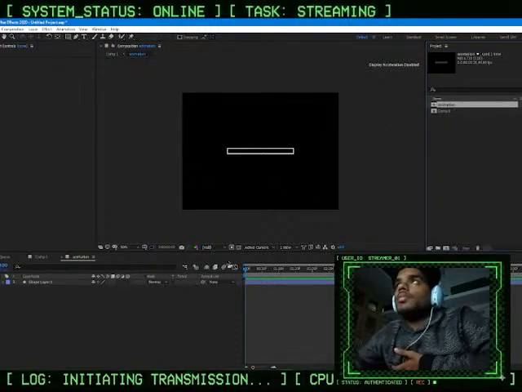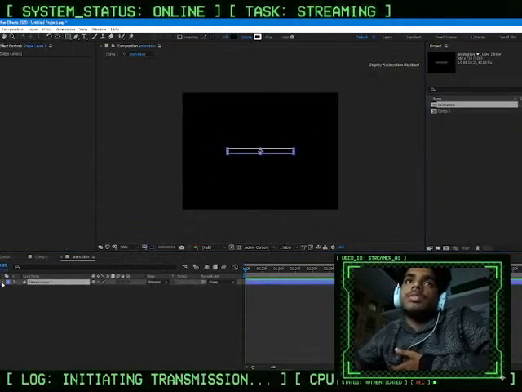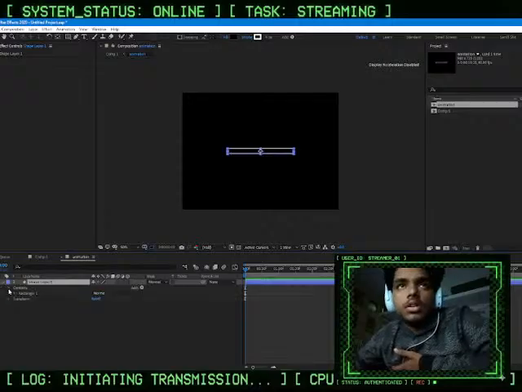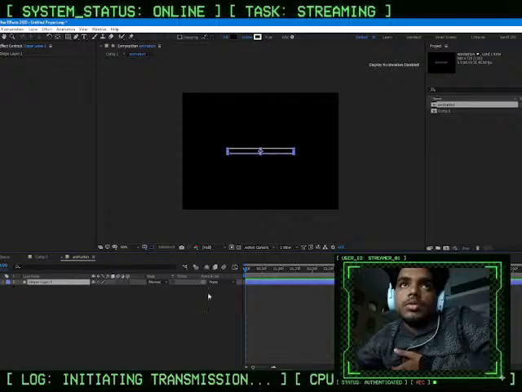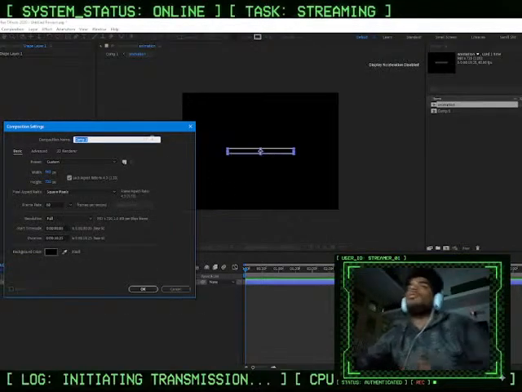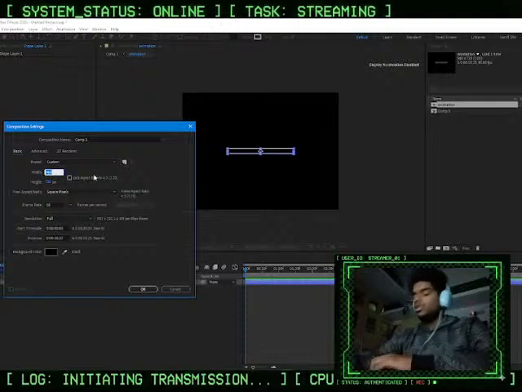And here I'll add another composition. I'll just look at the measurements of this. Rectangle path size 4.6 by 32. So we make a composition using aspect ratio.